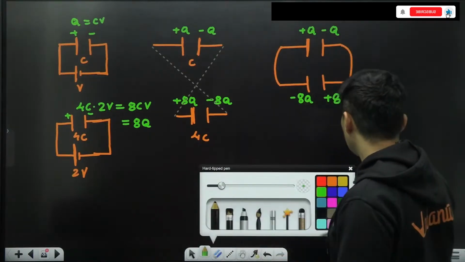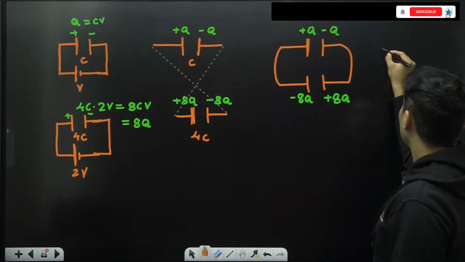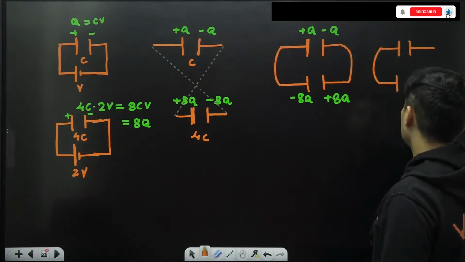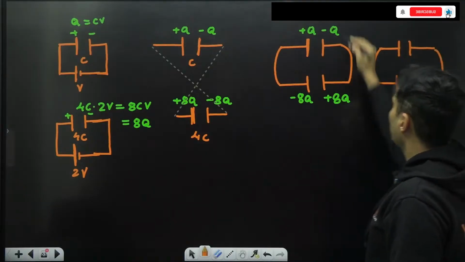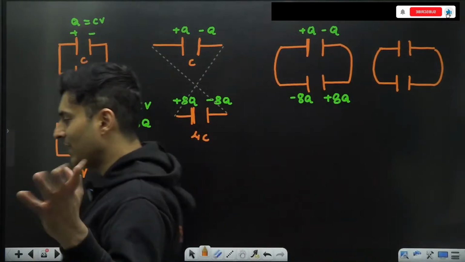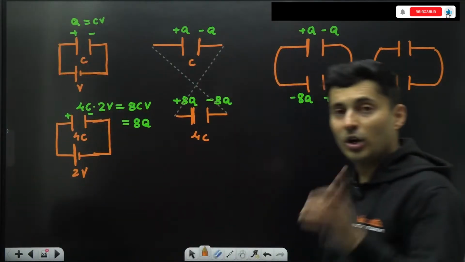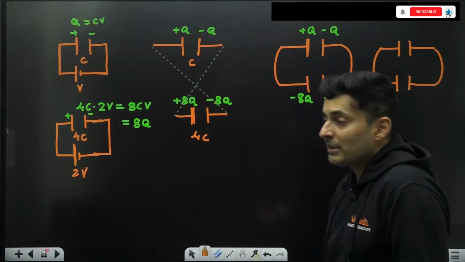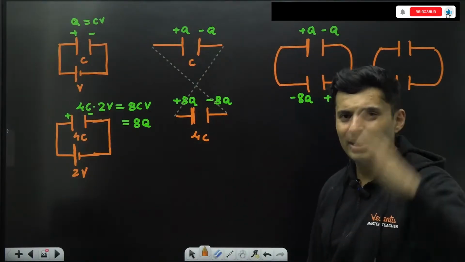So eventually these charges will now get distributed, but not in equal amounts because the capacitances are not the same. But what will be the ratio? Oh my God, that is a headache.